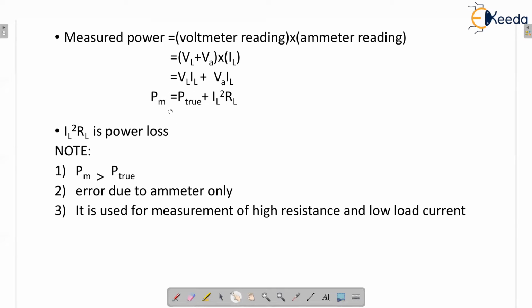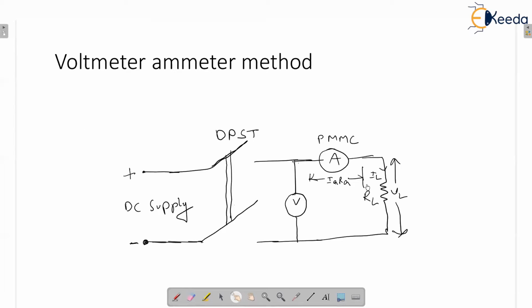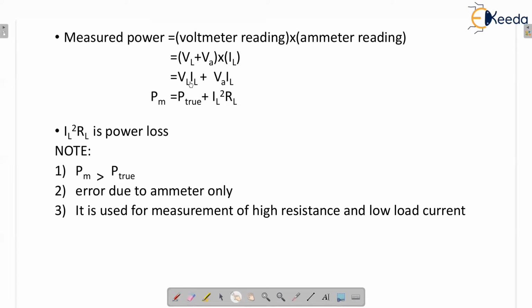What is VL IL? It is the true power. Voltage across the load and current through the load is called the true power.